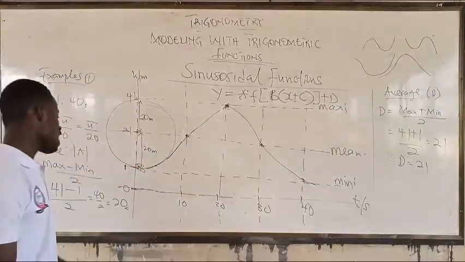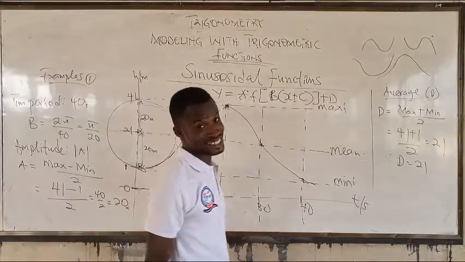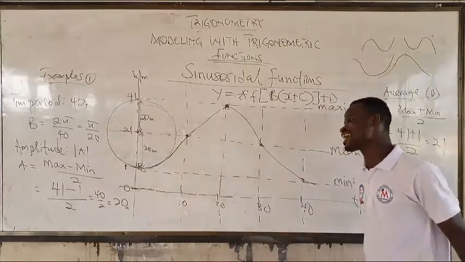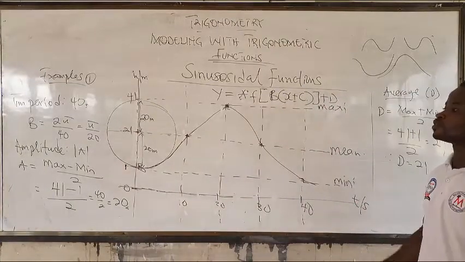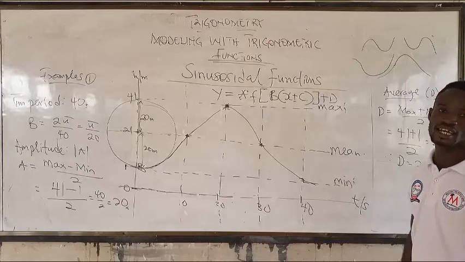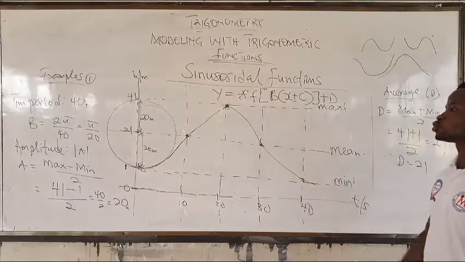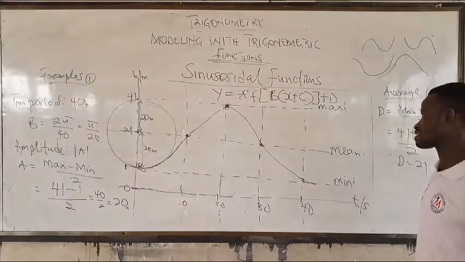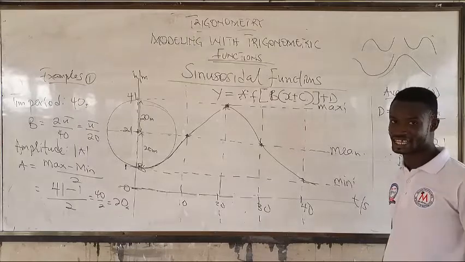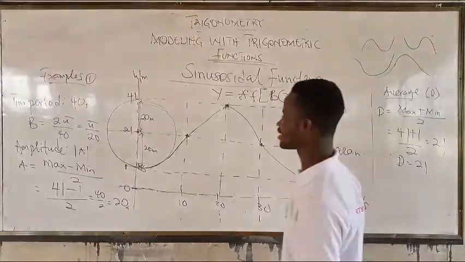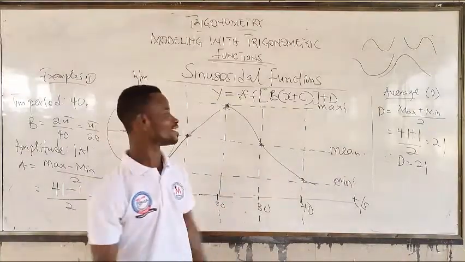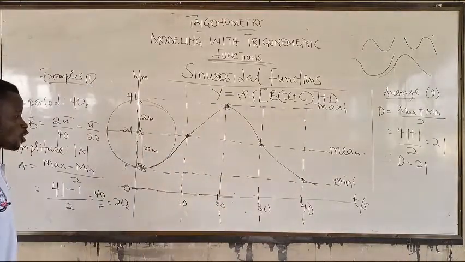But since this is our first question, I would like to show you how to write it in the two forms, whether sine or cosine. I hope I'll take my time to explain to you more.